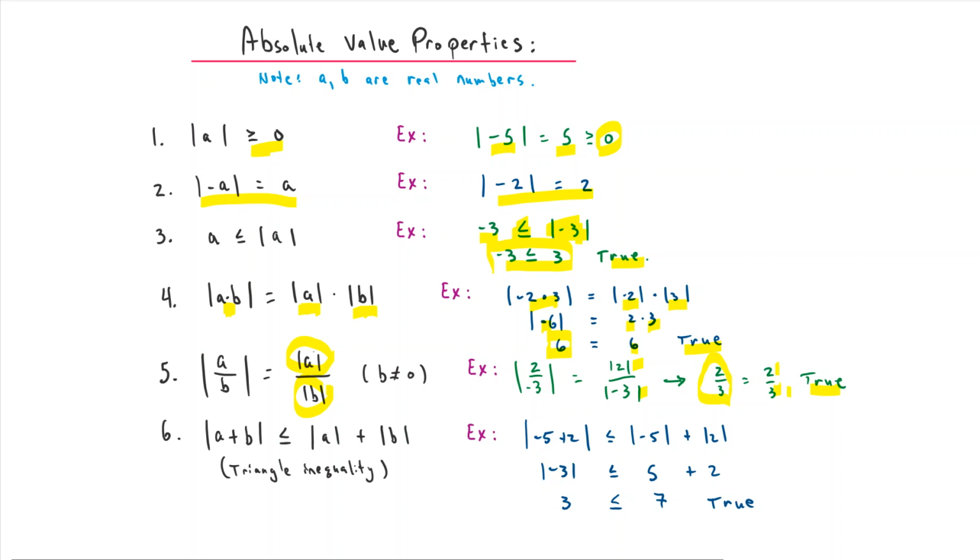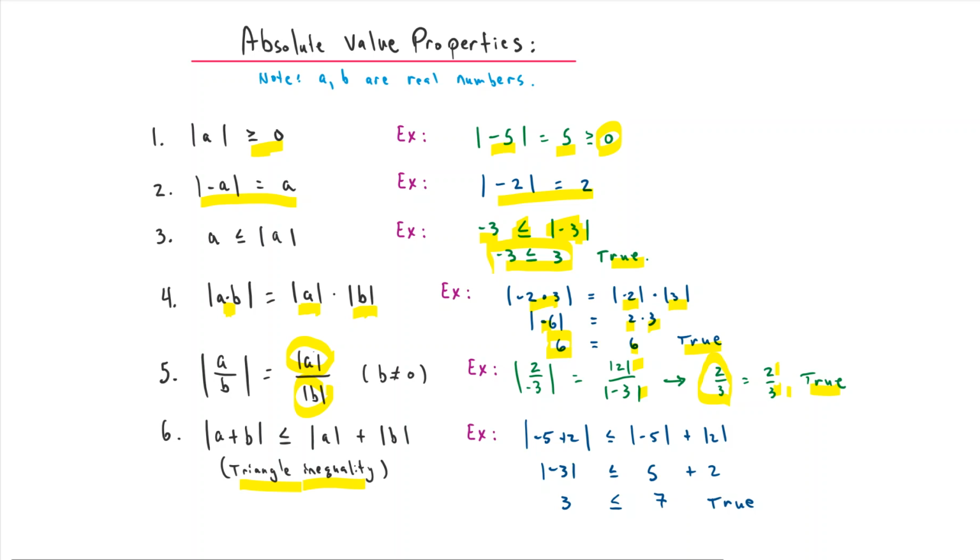And let's do the last one, number 6. This is sometimes called the triangle inequality. You might hear that. It's not super important to know that, but you might hear it, and this is what they're referring to. So it's saying that the absolute value of a plus b has to be less than or equal to the absolute value of a plus the absolute value of b.